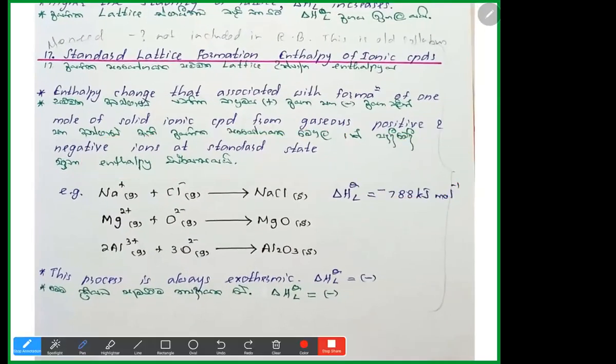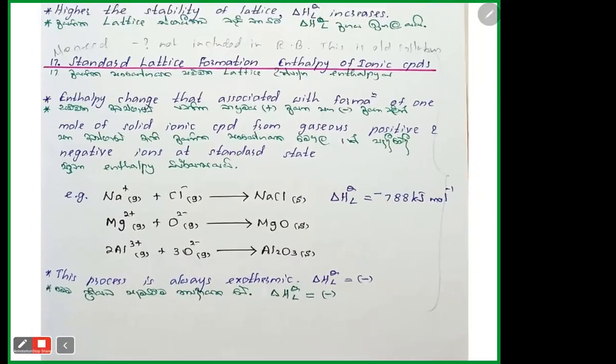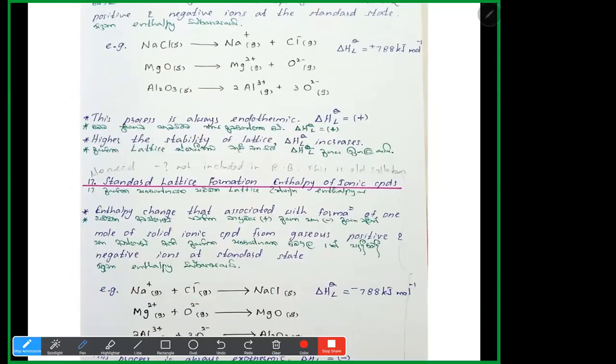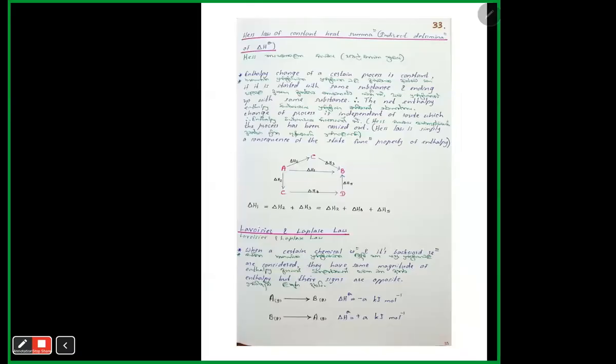This came through the old syllabus, I'm just giving the idea. So this is the opposite. It's called the formation enthalpy, not the dissociation enthalpy. See the value here, dissociation of sodium chloride is plus 788. Formation becomes minus 788.